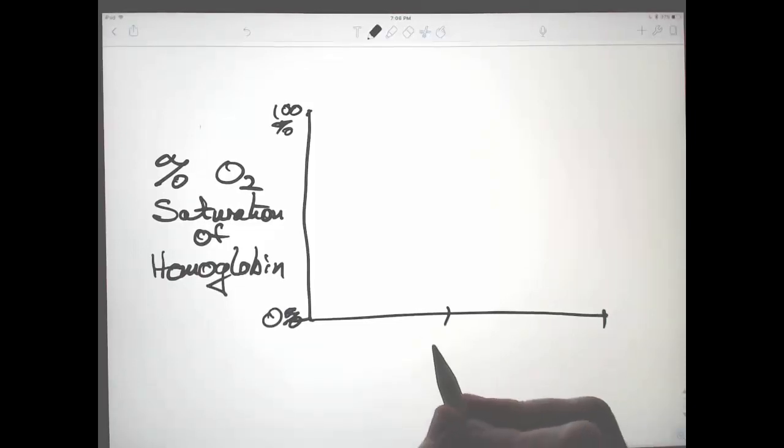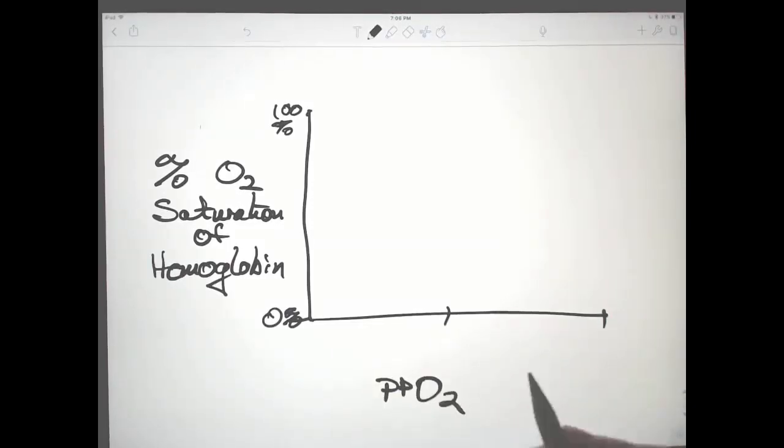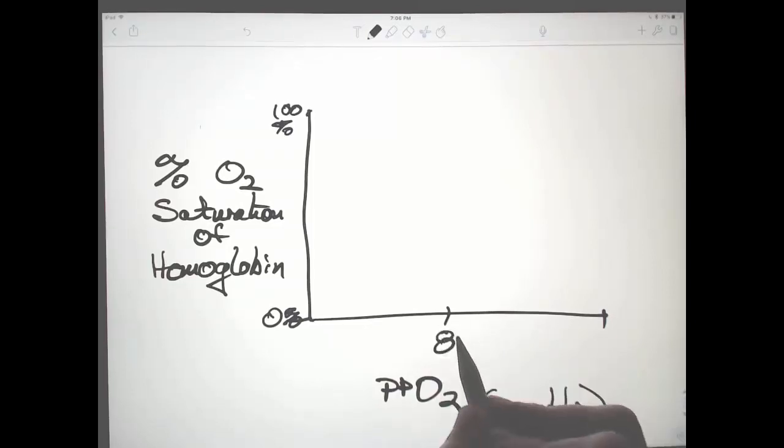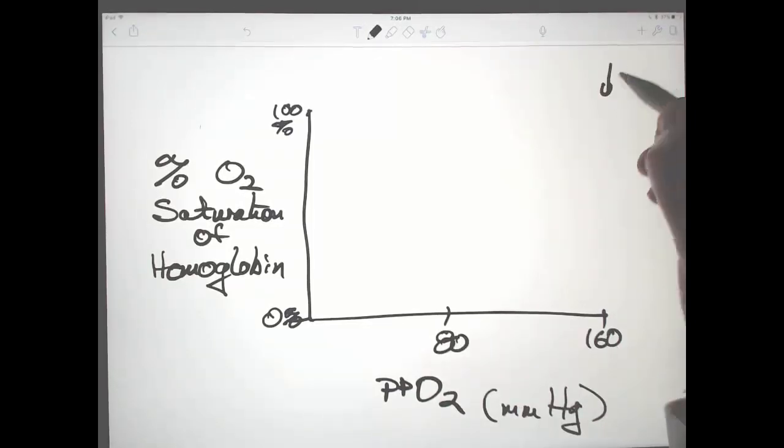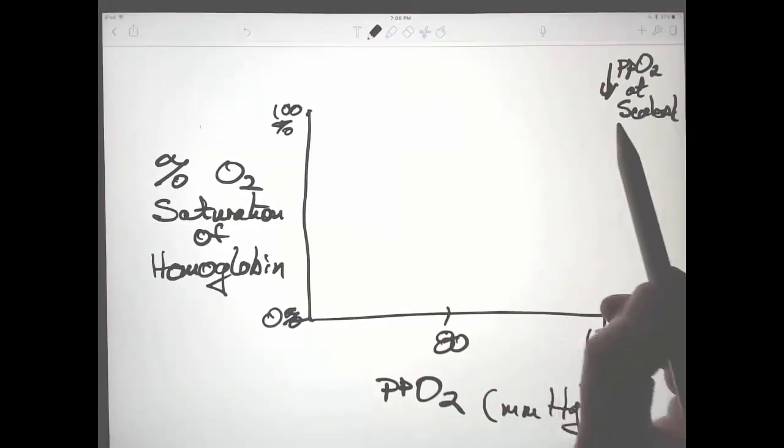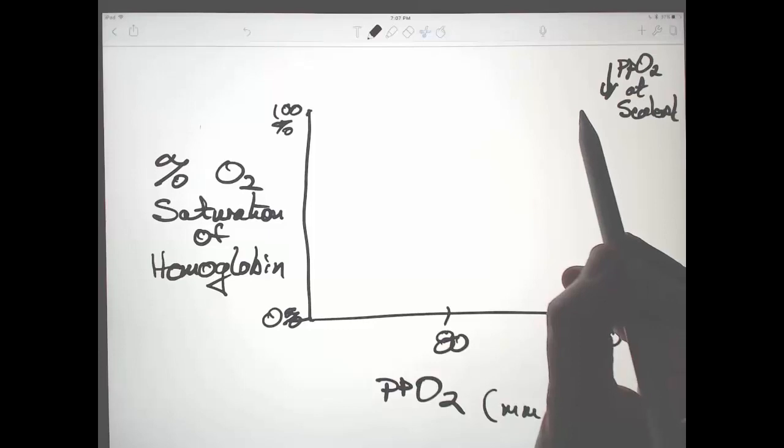The x-axis is partial pressure of oxygen in millimeters of mercury. Remember that 160 is the partial pressure of oxygen at sea level in air. A typical oxygen dissociation curve for a mammal looks like this.